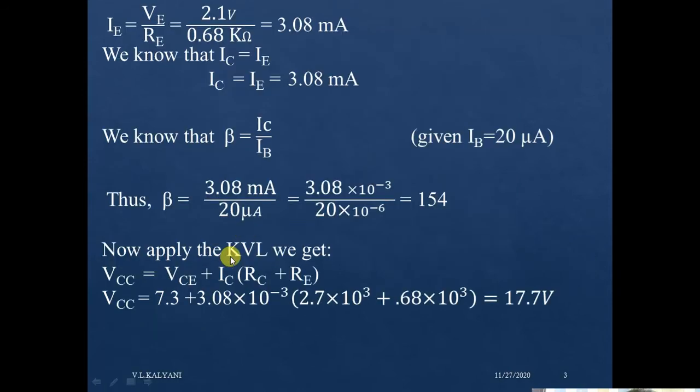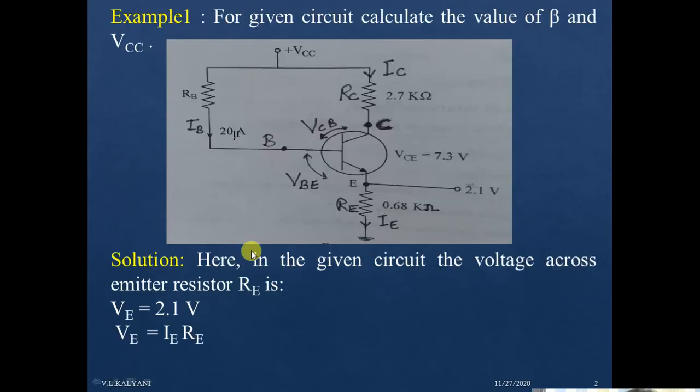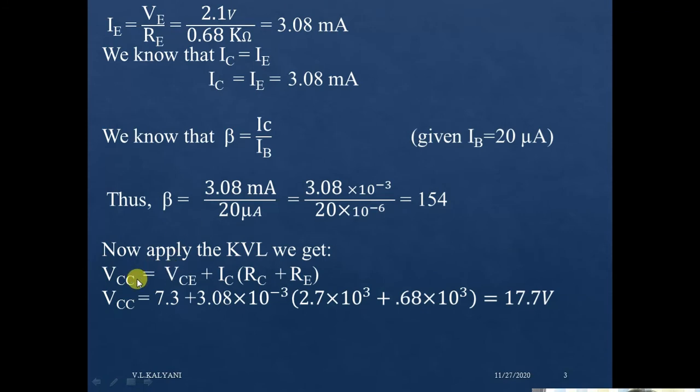To find the value of VCC, we will apply KVL. So in this path we will apply the KVL. Here the equation will become VCC is equal to VCE plus IC into (RC plus RE).